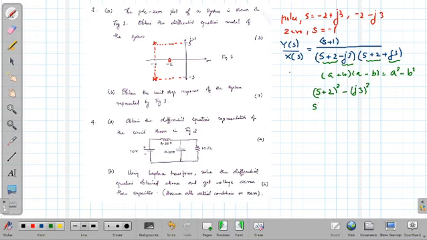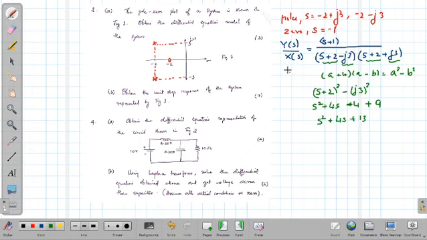It is s square plus 4s plus 4 minus j square is -1. So it becomes plus. J square is -1. So minus and minus becomes plus. 3 square is 9. So the denominator polynomial becomes s square plus 4s plus 13.